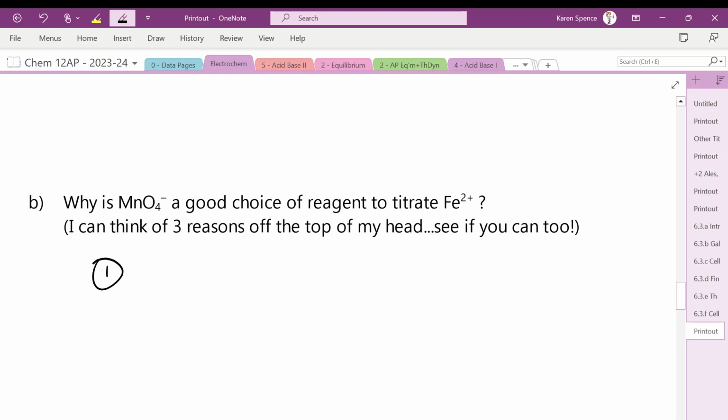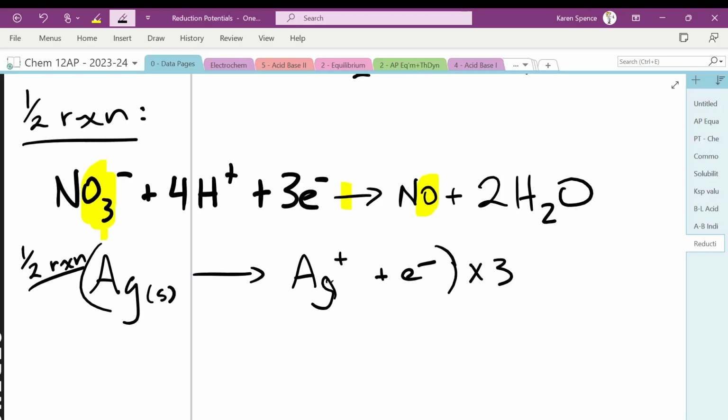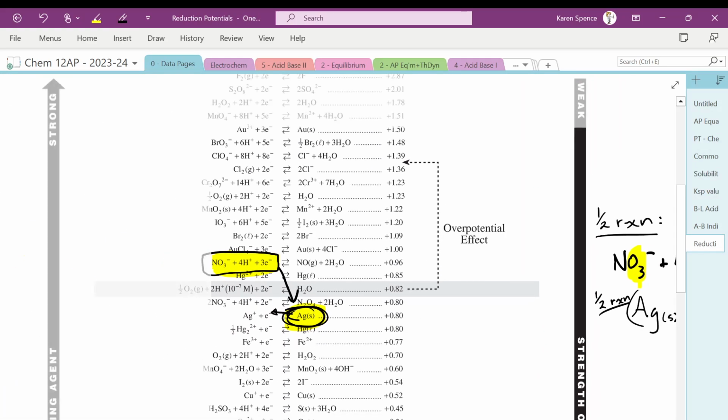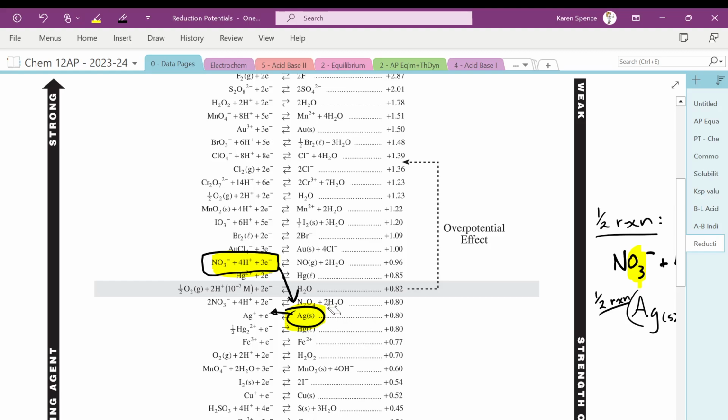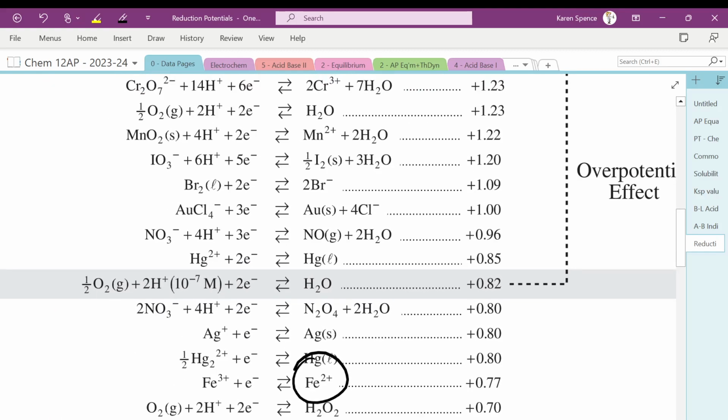I think what I was thinking for one of them was that because Fe2 plus is a reducing agent, it had to be that permanganate is an oxidizing agent. But I'm wrong in that. Why am I wrong? I have Fe2 plus, and I said to myself, oh, that is a reducing agent.